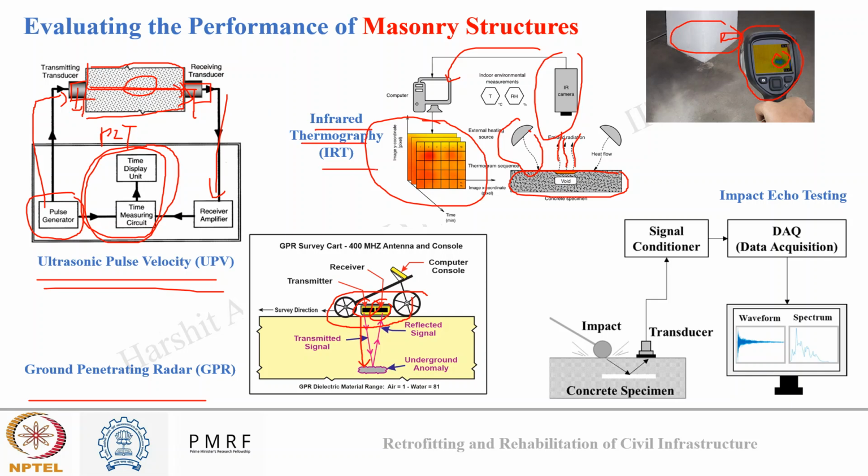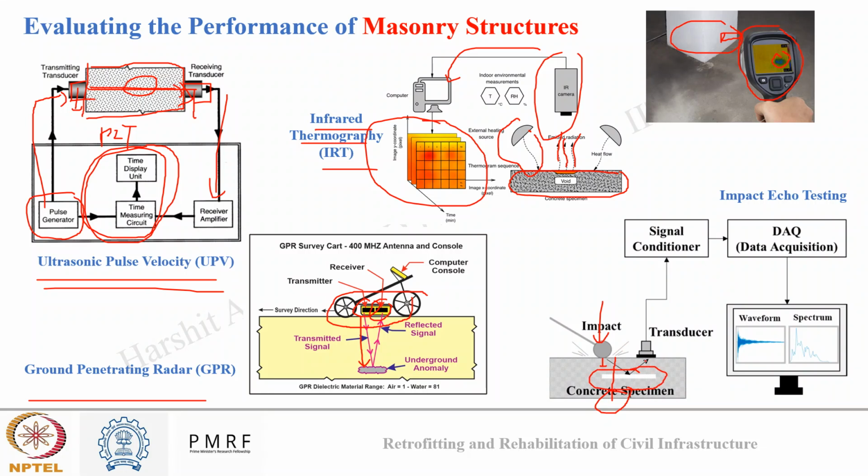Okay, finally we have impact echo testing, where we make a small impact. Due to this impact, mechanical waves are generated. Okay, these waves will try to pass through the concrete sample. Now the wave can be reflected in two ways, either from the end of the sample or from the defect level.